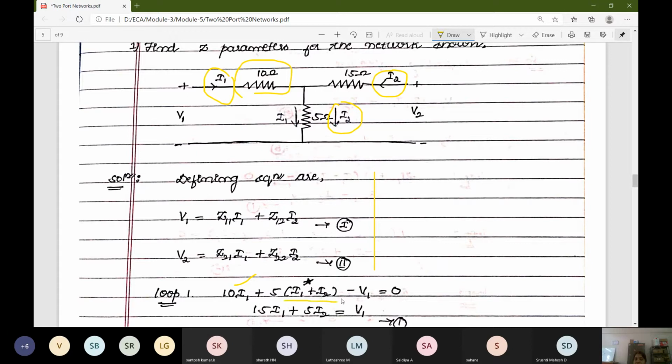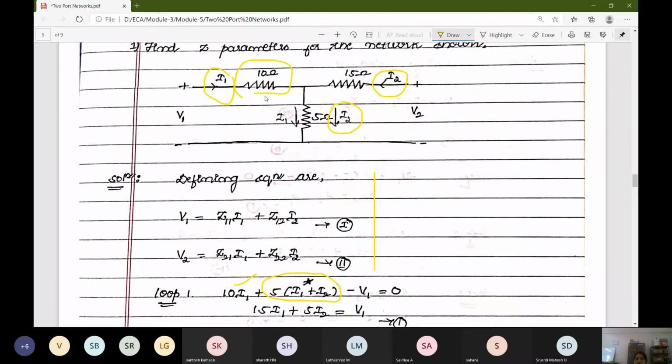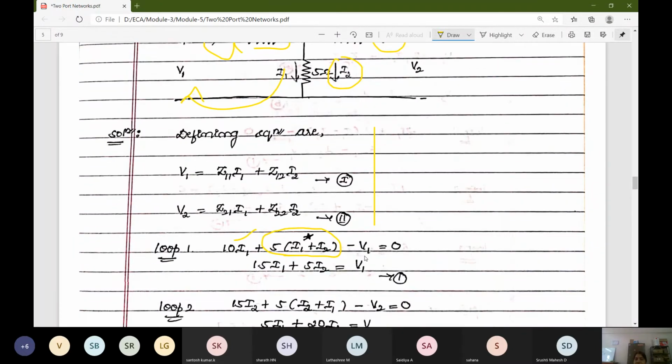In the earlier problems we had written I1 minus I2 because both the currents were in the opposite direction. And then we write minus V1 is equal to 0.